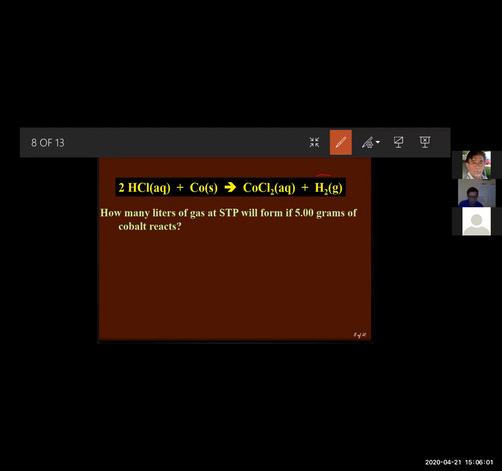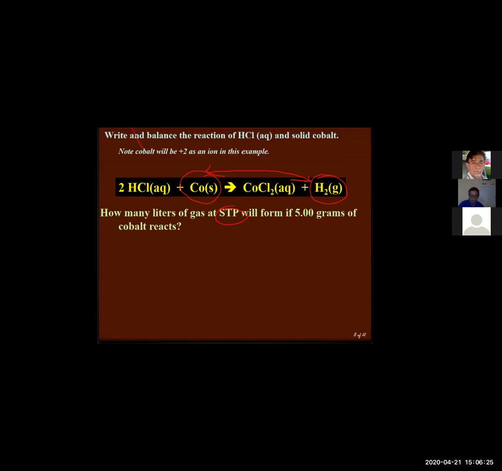Well, the only gas here is obviously hydrogen, and you start off with 5 grams of cobalt. So those are the only 2 you're concerned about. Notice that ratio is a 1 to 1. Plus, notice that you are at STP.